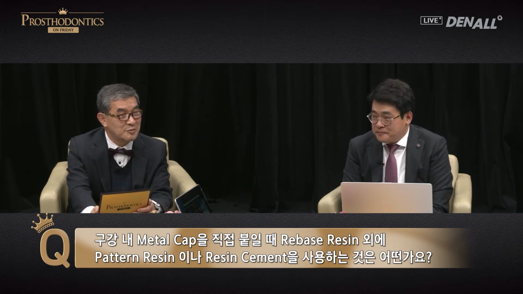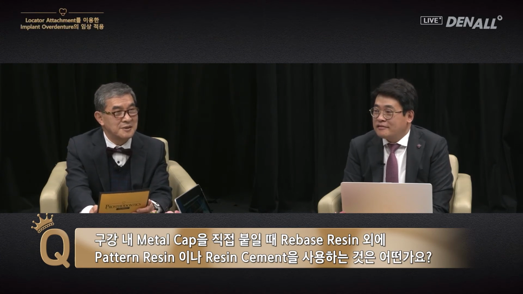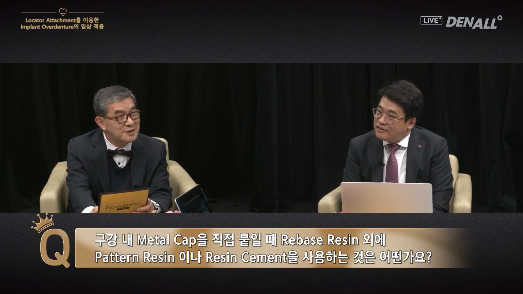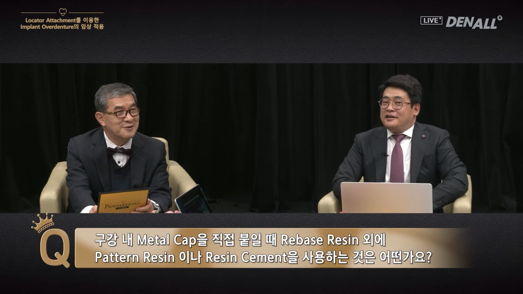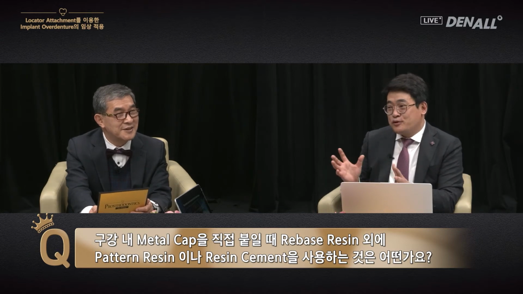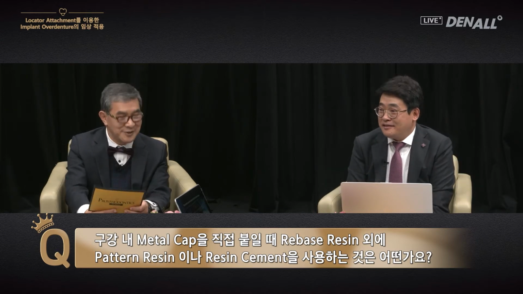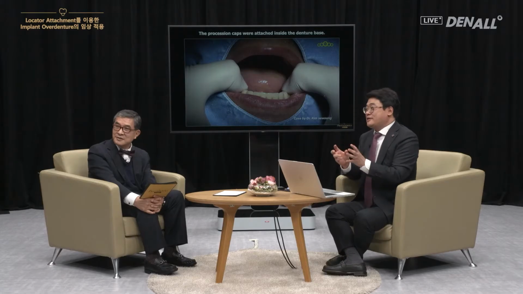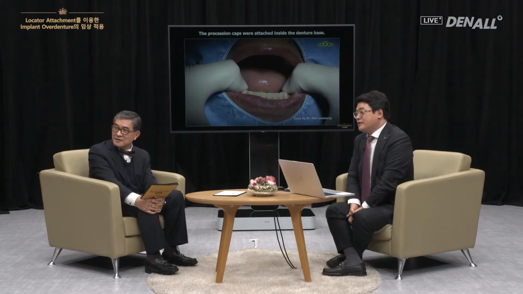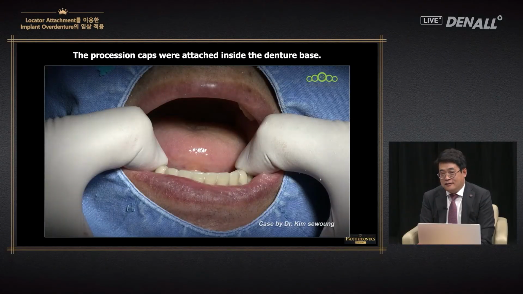You can come across people who use resin cement frequently. I think Dr. Park Jong-hyun in Seosan also uses resin cement. I've watched his online lecture briefly and I think he uses it, yes. When you use rebase resin, I gave you a tip of providing undercut. You can prevent it from falling out.